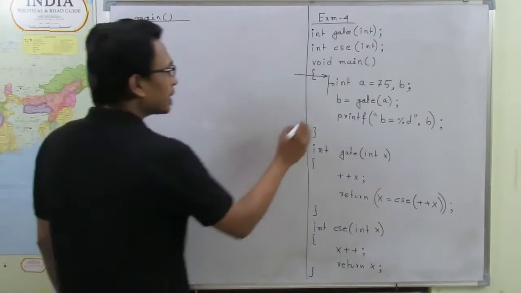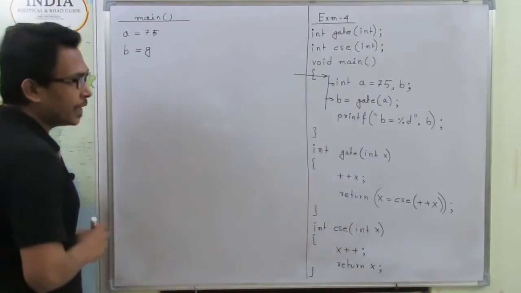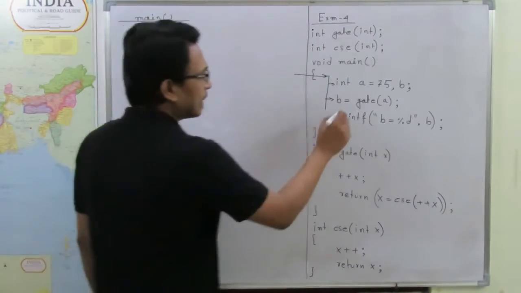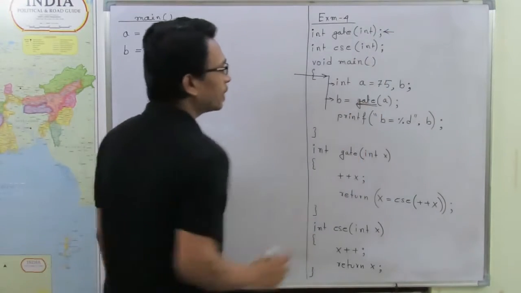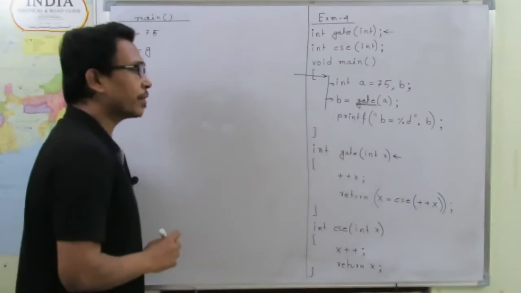Now the next instruction is b equal to get(a). That means get is a user defined function. This is the prototype of this particular function and this is the definition of this particular function.